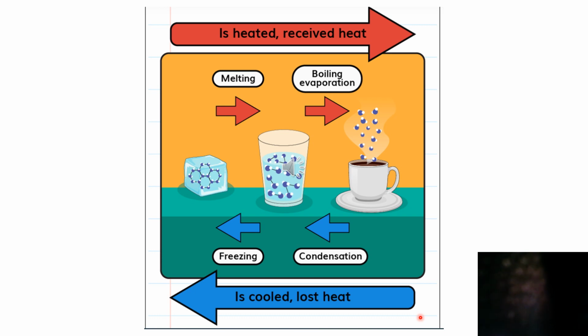While evaporation happens at any temperature, usually at the surface of the water, and the water changes into water vapor in a slow process. Compared to the boiling process, the change of state happens very quickly.